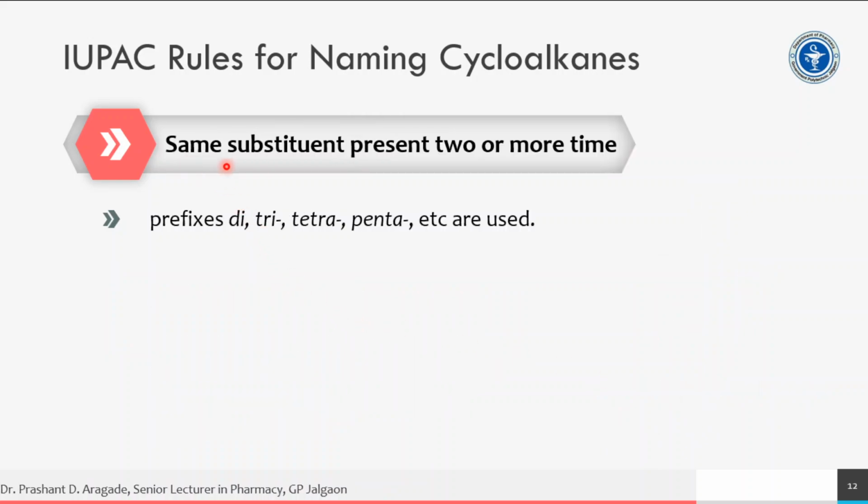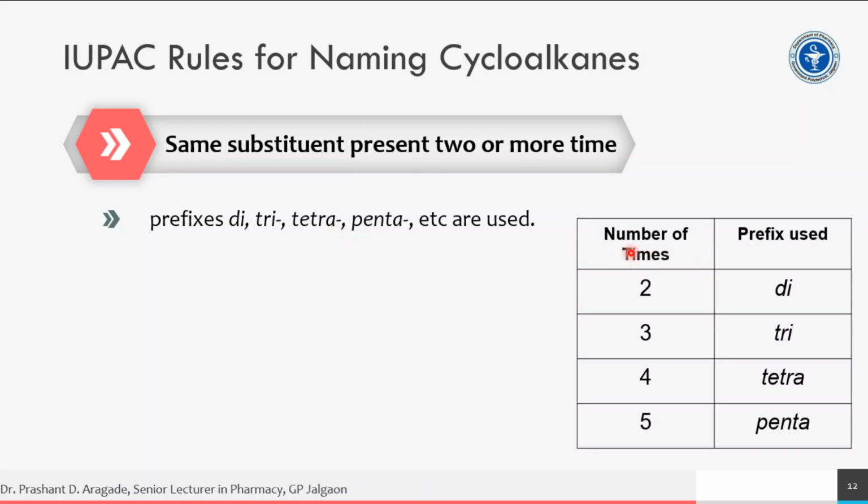Suppose the same substituent is present on a cycle two or more times. Then you have to always use a prefix such as di, tri, tetra, etc., depending upon the number of times that the substituent is present. If the substituent is present 2 times, use the di prefix; 3 times, the tri prefix; likewise, for 4 times tetra, 5 times penta, 6 times hexa and so on.